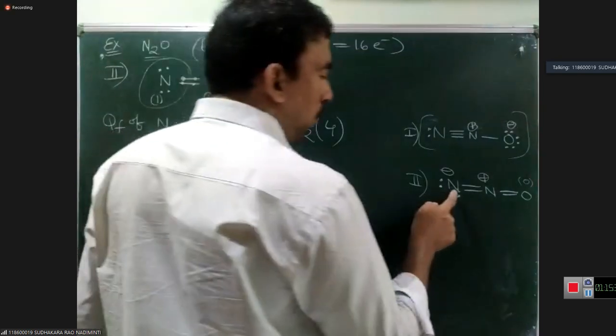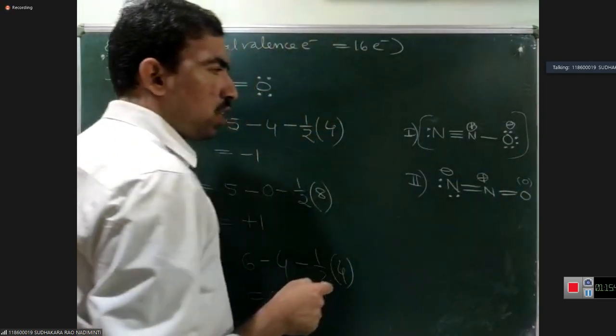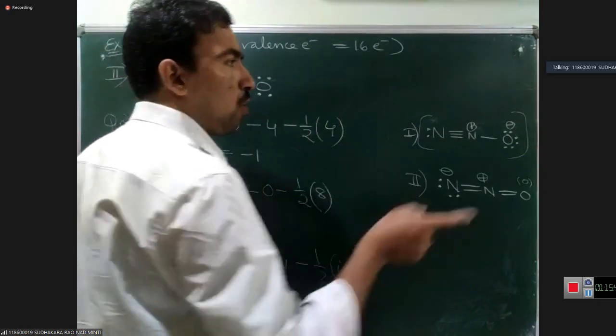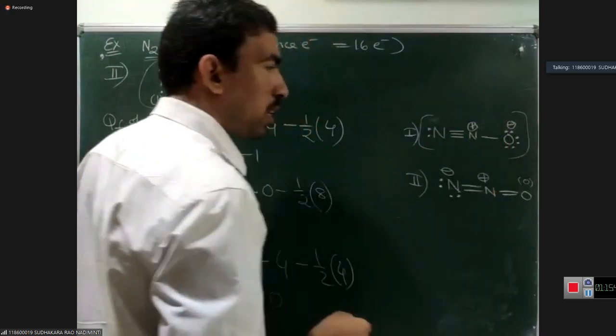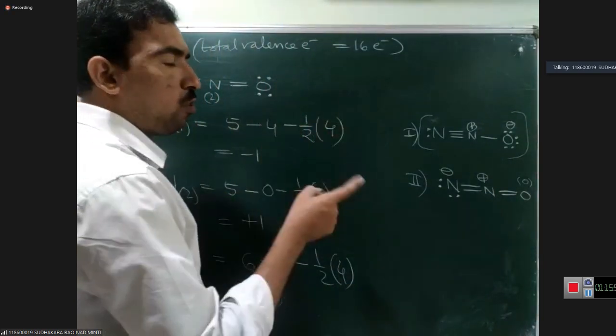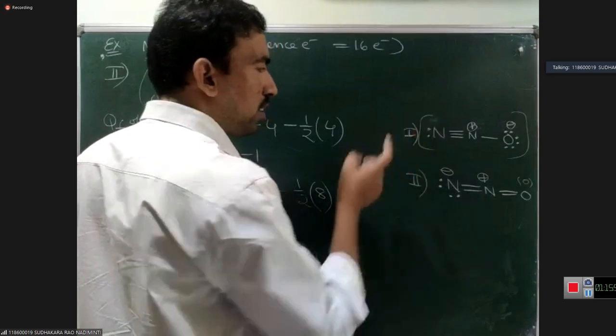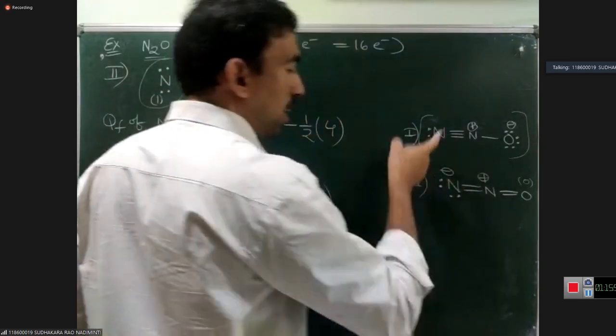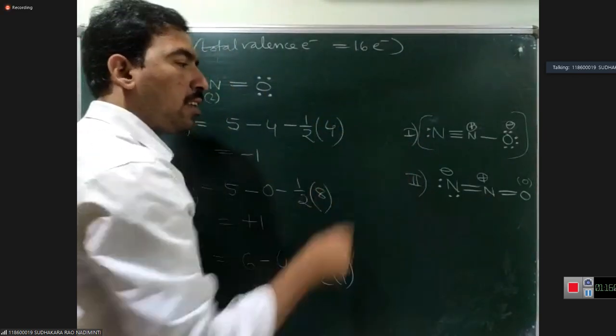Between nitrogen and oxygen, oxygen is more electronegative. So if the negative charge is present on oxygen, it is more stable. Clearly, the first Lewis structure, the first resonance structure, is more stable than the second.